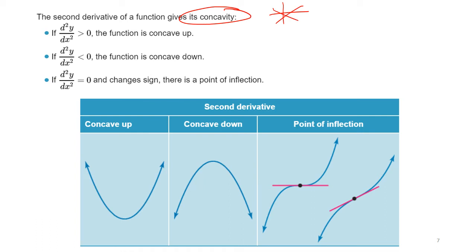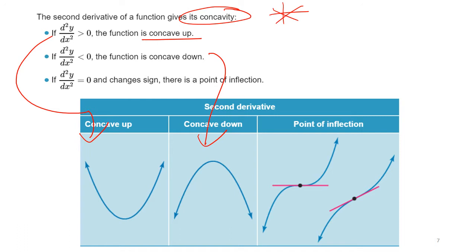If we have d2y/dx squared, or the second derivative, or y double dash, greater than 0 or positive, then we know the function is concave up. So it's this guy. If the second derivative is less than 0, we know it is concave down.